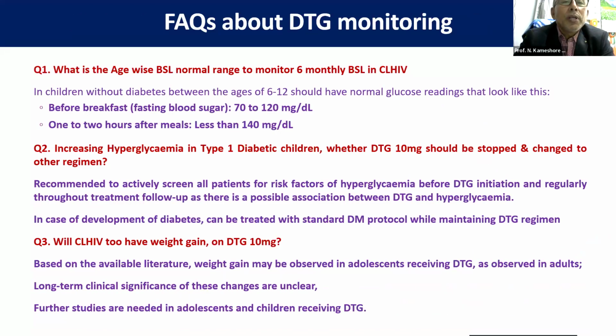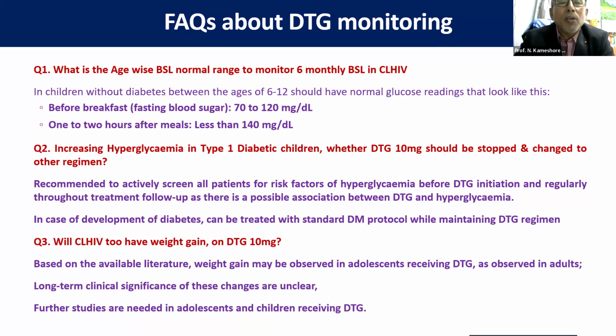So here are some of the frequently asked questions about DTG monitoring regarding the blood sugar level. In question number 1, 6 monthly blood sugar level in the child is to be done. In the child between 6 years and 12 years, the usual blood sugar level in the fasting stage is 70 to 120, and 2 hours after meals it should usually be less than 140.